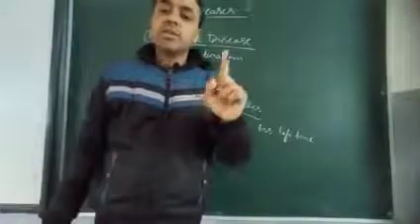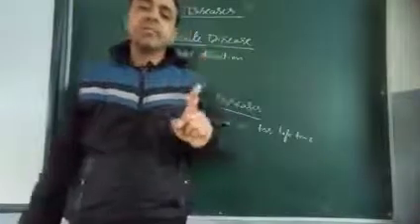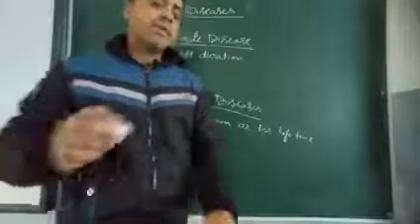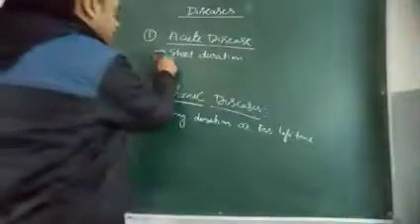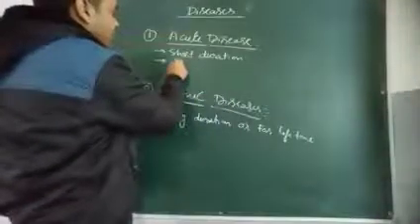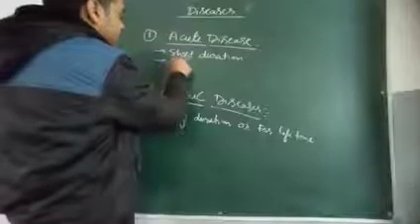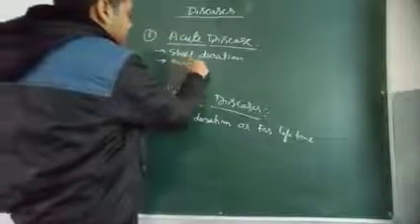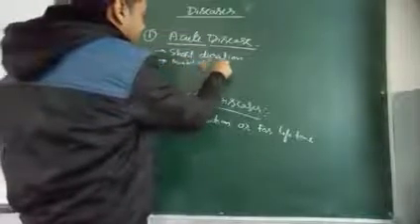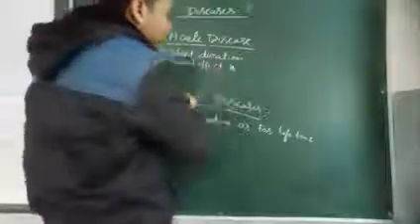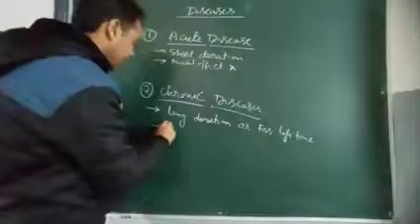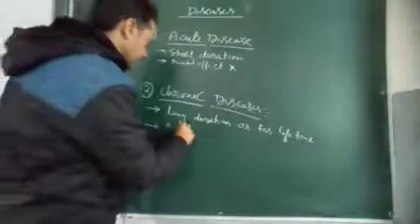So that is the first difference between acute and chronic diseases. Apart from that, acute diseases have no mental effect, but chronic diseases have mental effects.